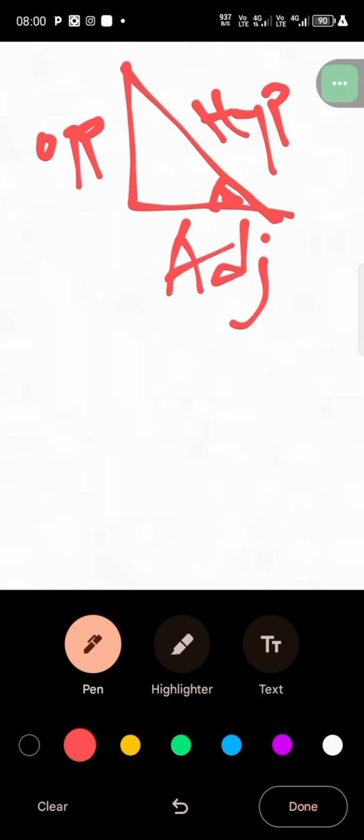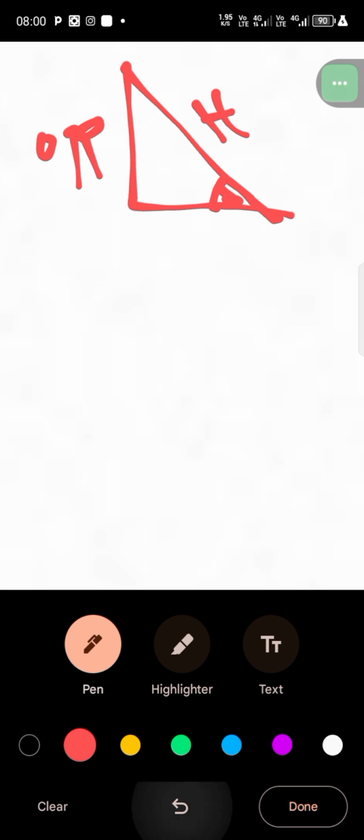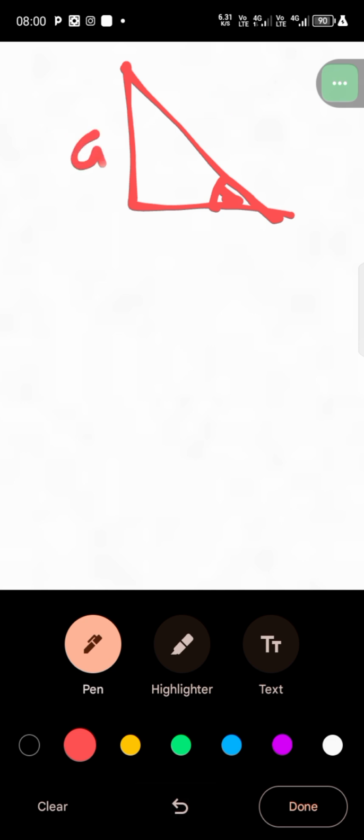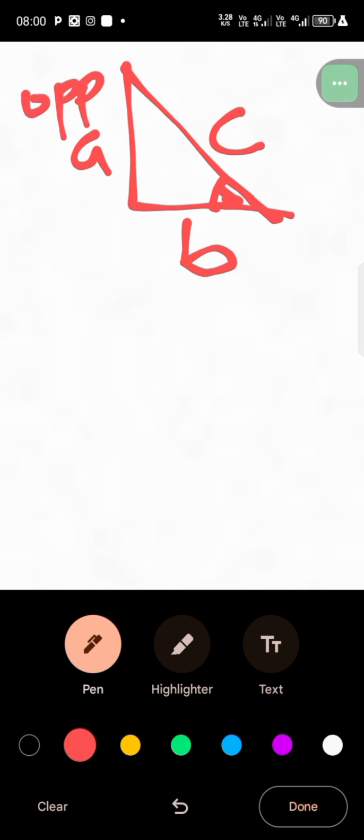Now let's fix the figures. Let's say this is A, this is B and C. A represents the opposite, so type in opposite here.